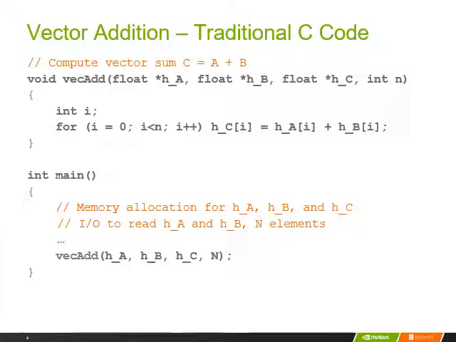At the top is the function body of the vector addition, where we have a sequential loop that iterates over the n elements, and in each iteration we produce one C element. So this is a sequential implementation of a data parallel computation.